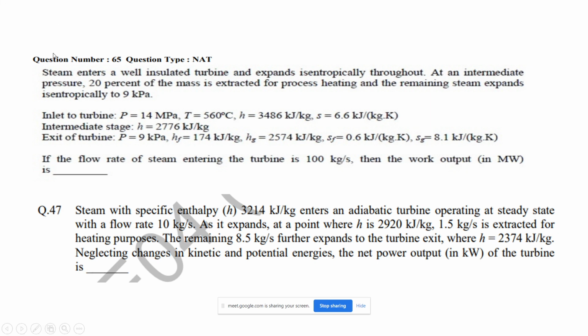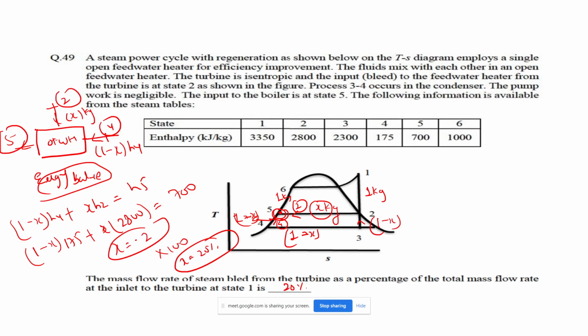These two are different separate questions, 65 and 47. Sir, previous slide once. Okay, sir.